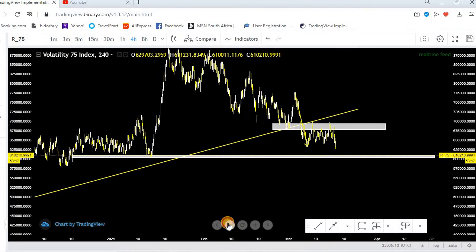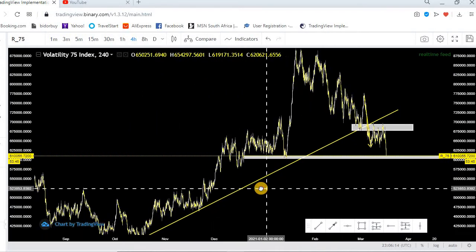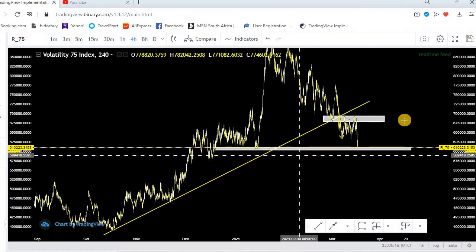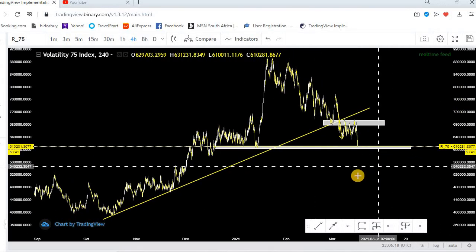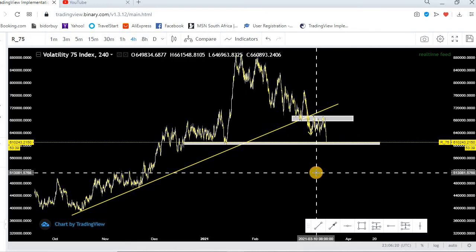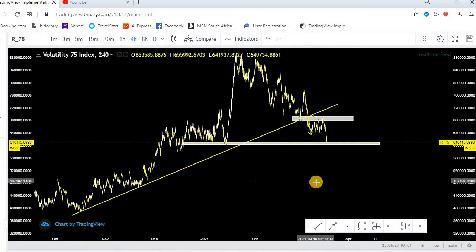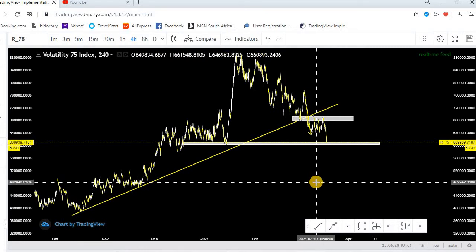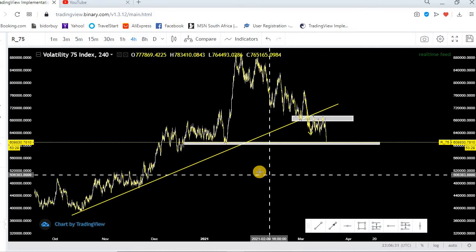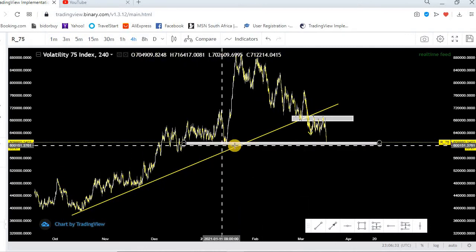It doesn't go down forever, creating candlesticks that go down without any pullback or retracement. That's not the nature. That's not how it moves. So to keep things simple here, we can see we have our level of support there.